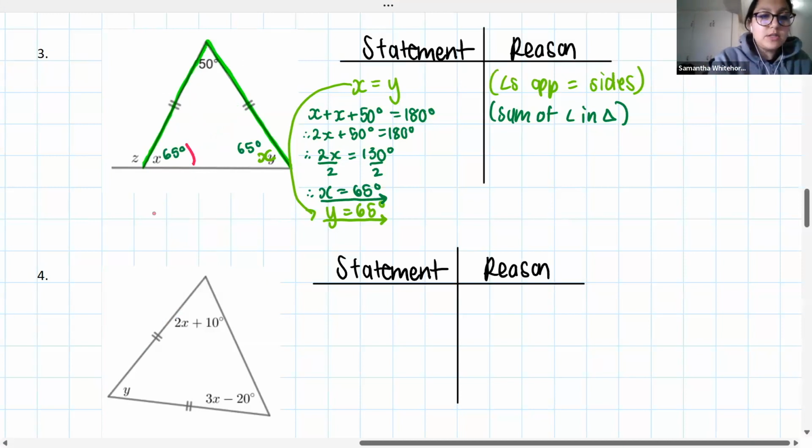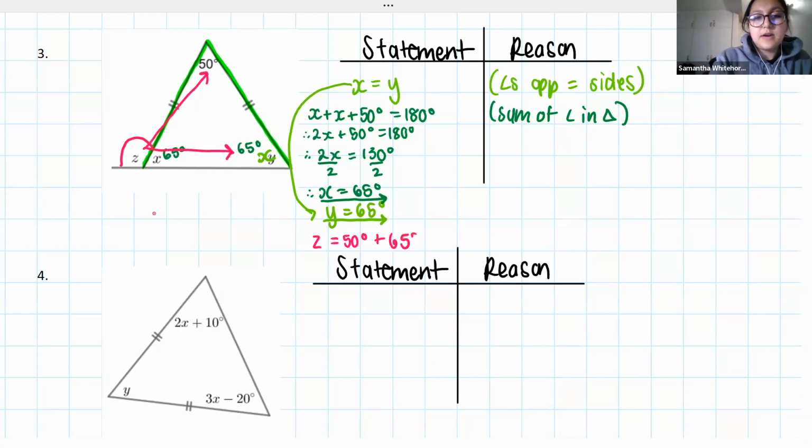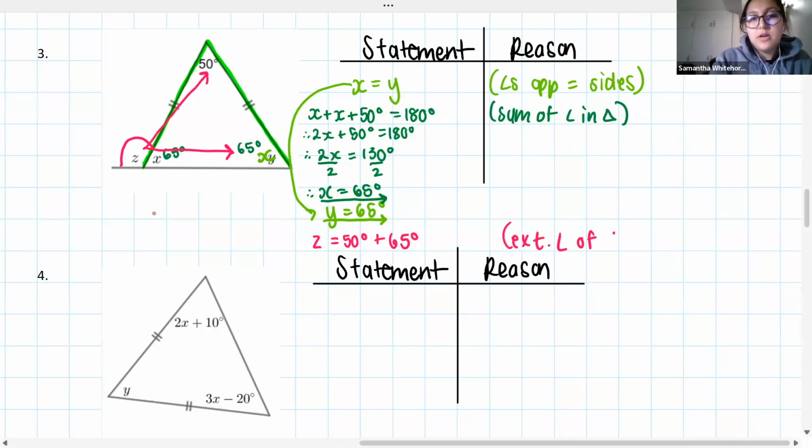Option number one is you can use angles on a straight line. So 65 plus z must equal 180. That will give you your answer. Again, because we're revising triangles, I'm going to use a triangle reason. z is an exterior angle to the triangle, which means it's equal to the two opposite interior angles added together. So that means that z is equal to 50 plus 65 degrees, exterior angle of triangle.